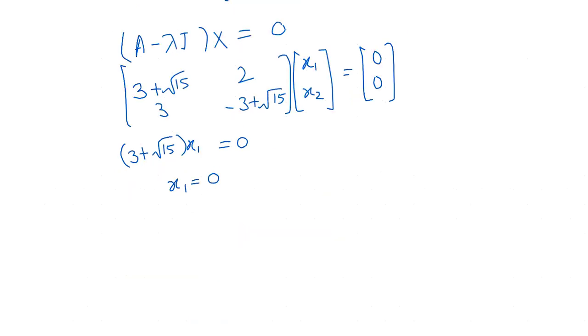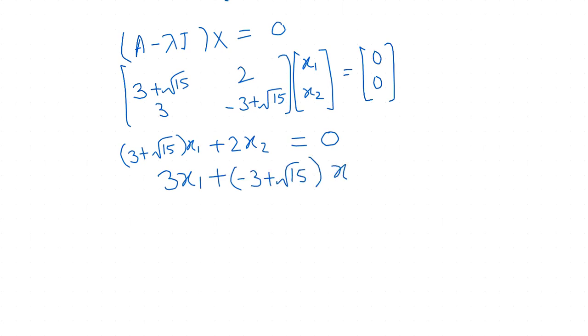So let us multiply x2 with 2 is equal to 0. And now multiply the second row with the column. So this is 3x1 plus, minus, or we can take plus also, minus 3 plus square root of 15 into x2 is equal to 0.